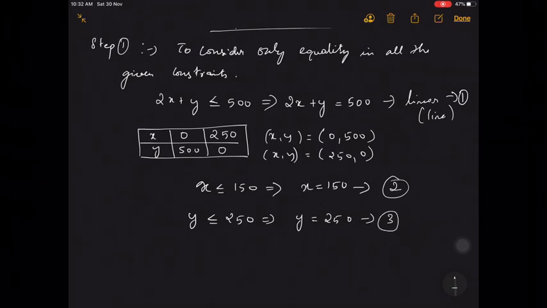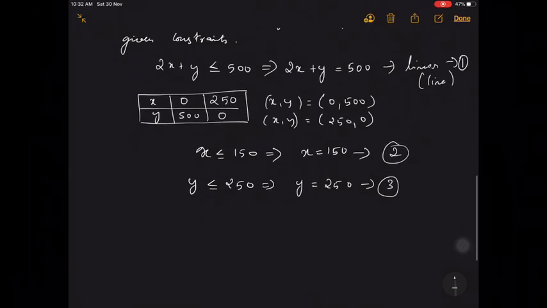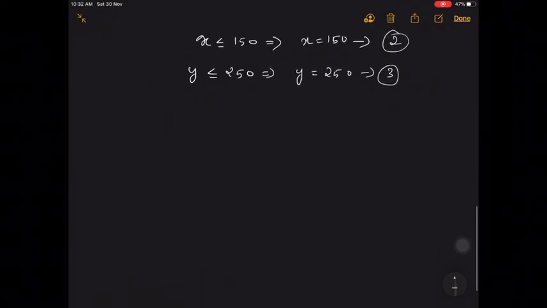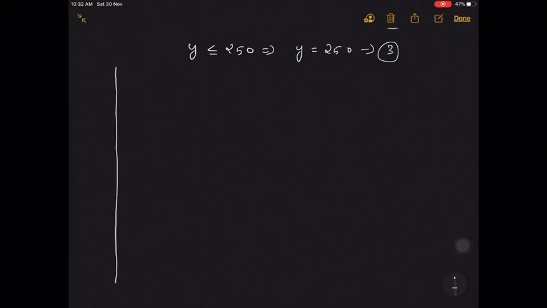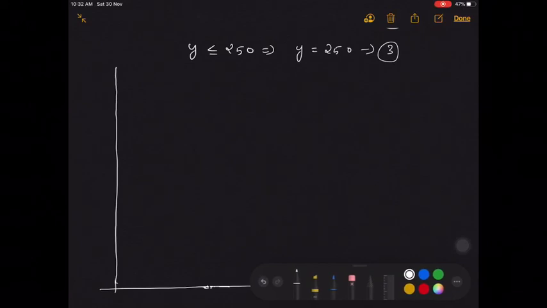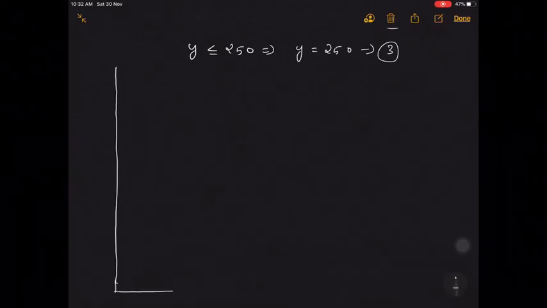Now we're going to plot all these points on the graph and join them using lines. I'll draw here the x-axis and y-axis.